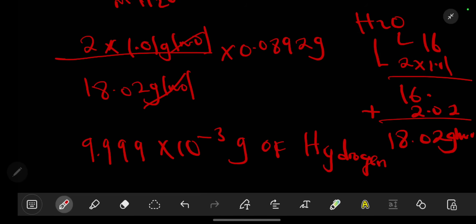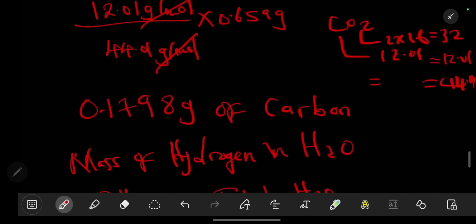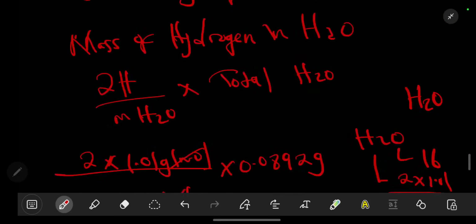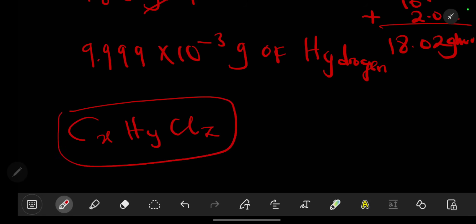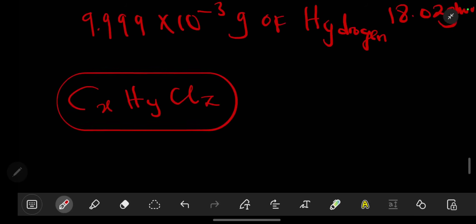After you do that, then find the remaining. If you have found the mass of hydrogen and the mass of carbon, then the compound we wrote was C_x H_y Cl_z.